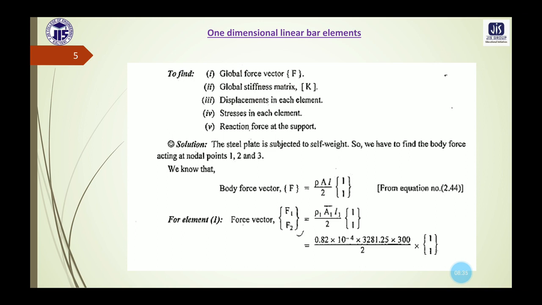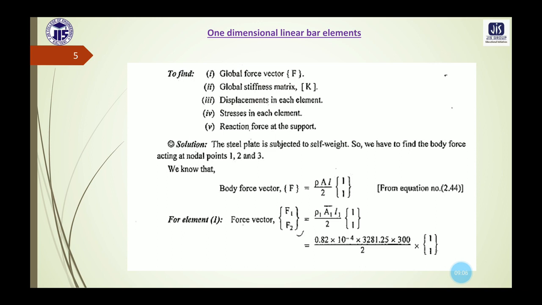Now the body force vector F matrix, its formula is rho A L by 2 multiplied by the column matrix of 1, 1. For element 1 and element 2, considering their nodes and the forces, we need to implement this formula of the body force vector.